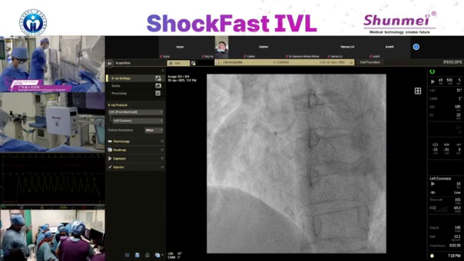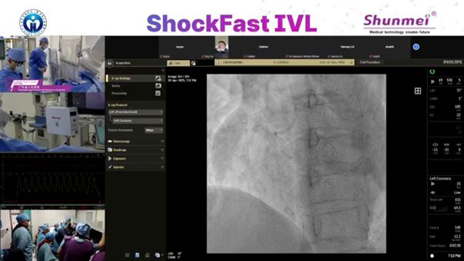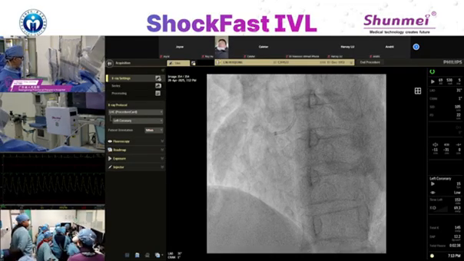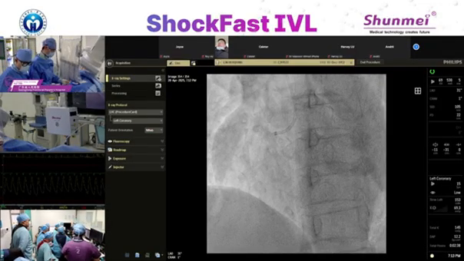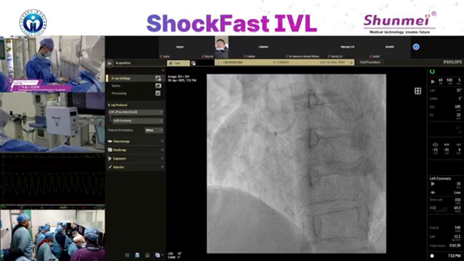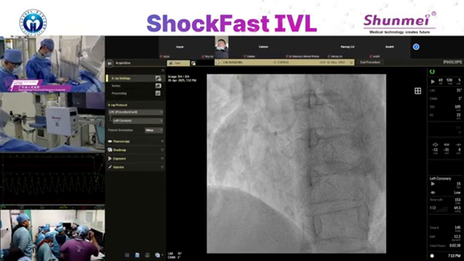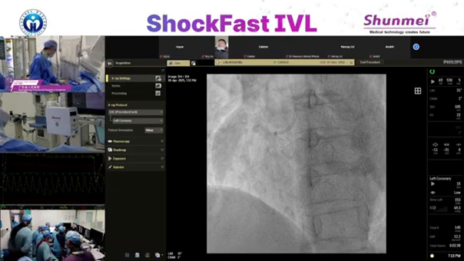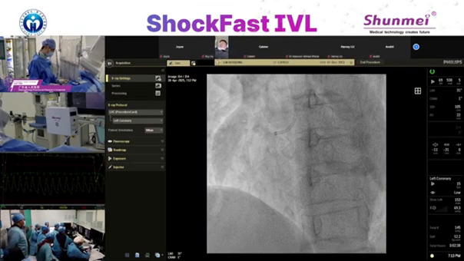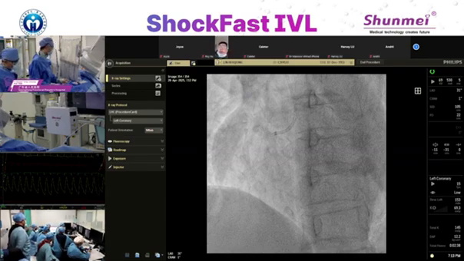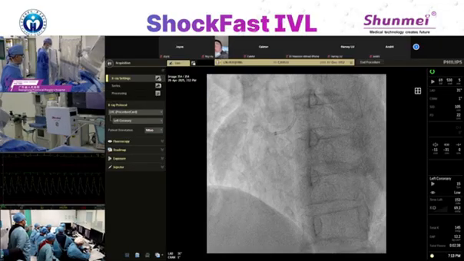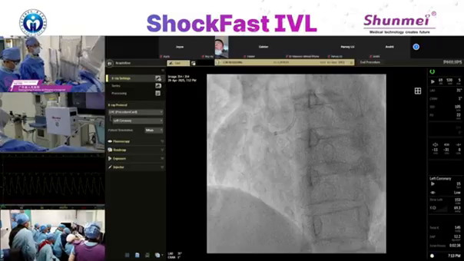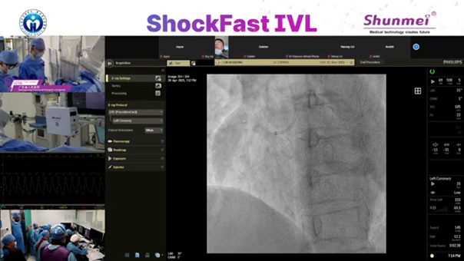The patient's blood pressure is quite high, but the patient feels fine.